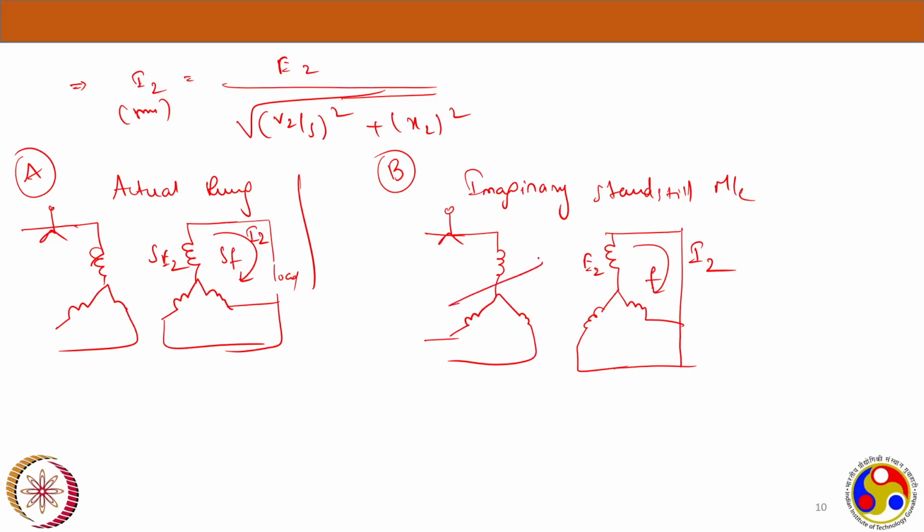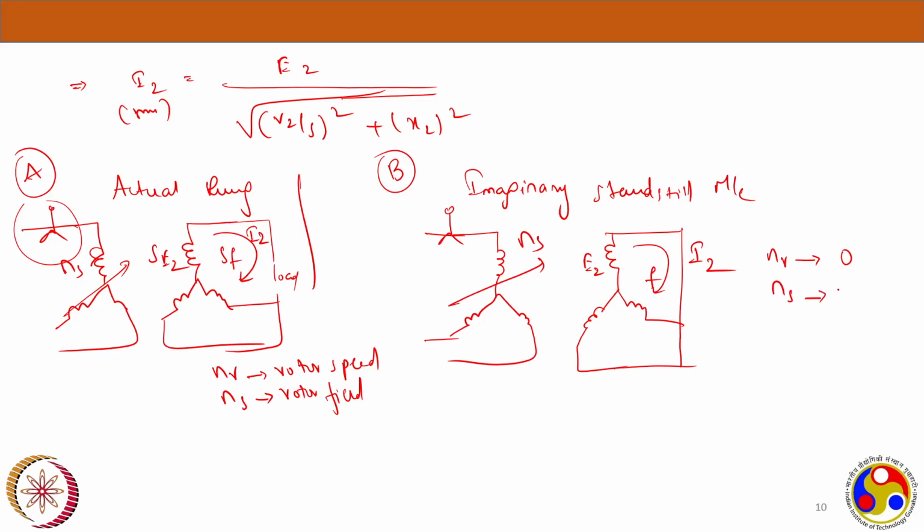So the stator field will have NS speed, and here the rotor speed is NR and the rotor field speed is NS. NR is the rotor speed, with respect to the stationary stator I am talking. Here again rotor speed is 0, it's in standstill condition, but the rotor field will be NS only because the same current is flowing in both.